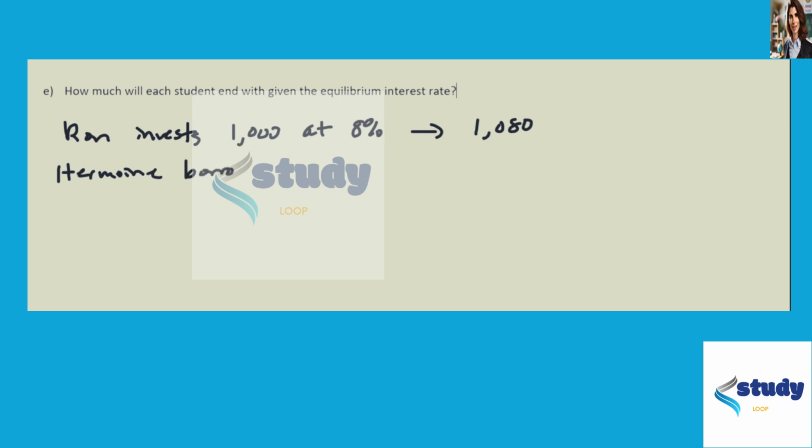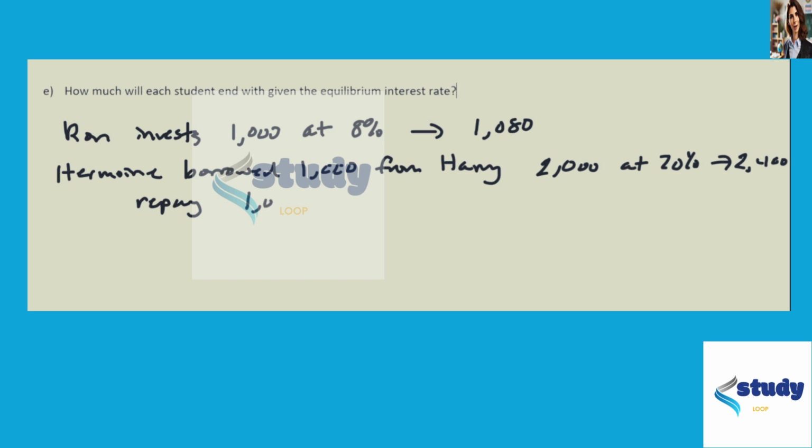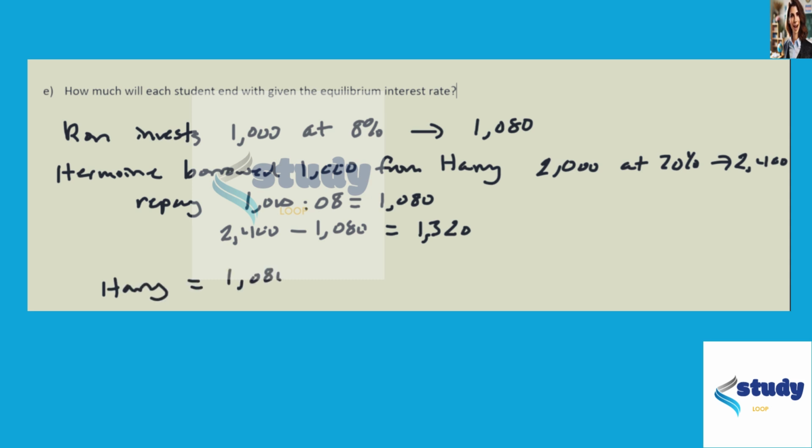Hermione borrowed $1,000 from Harry, and so she will invest $2,000 at 20%, and it will end with $2,400. But she then has to repay Harry $1,000 at 8%, which equals $1,080. So she will end up with $2,400 minus $1,080, which equals $1,320, and Harry will also end up with $1,080.